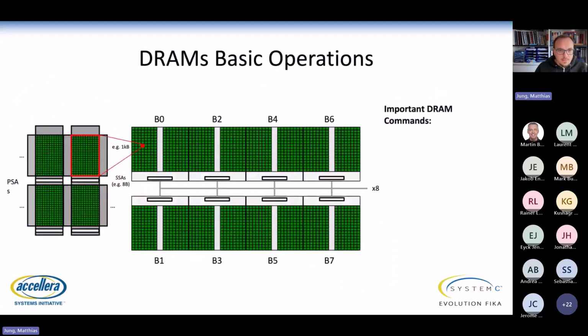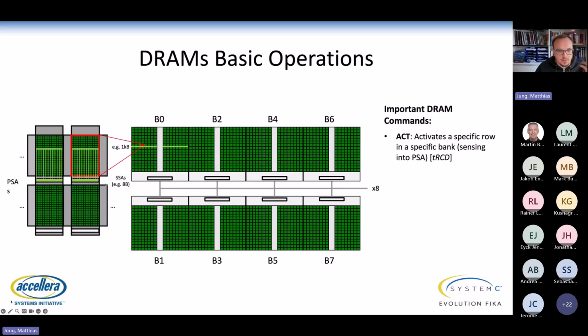Now we can send a so-called activate command, and this activates the primary sense amplifiers in this specific bank. On the subarray level, you see that these are the single bits here, and now a lot of bits are latched on this primary sense amplifier.